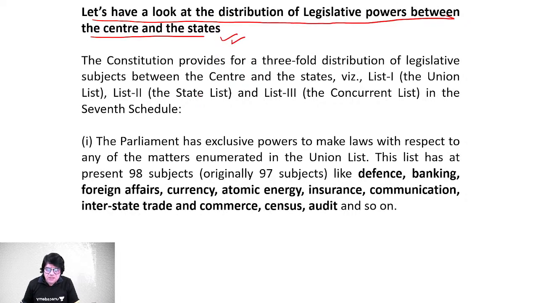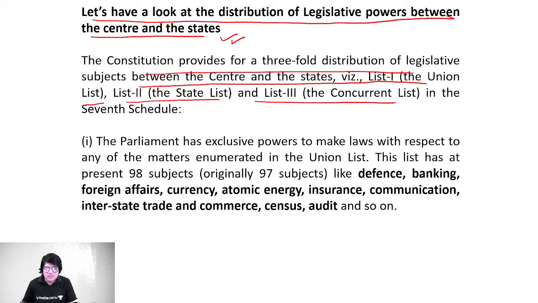Now, these powers are clearly laid out in the Constitution, and the Constitution provides for a threefold distribution of legislative subjects between the center and the states. That is, List One, which is the Union List; List Two, which is the State List; and List Three, which is the Concurrent List in the Seventh Schedule.